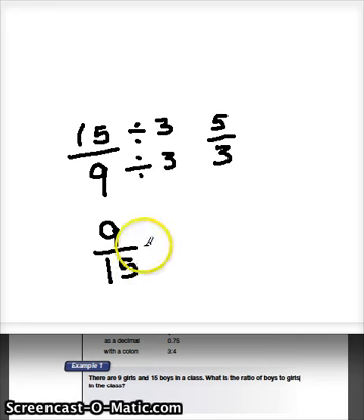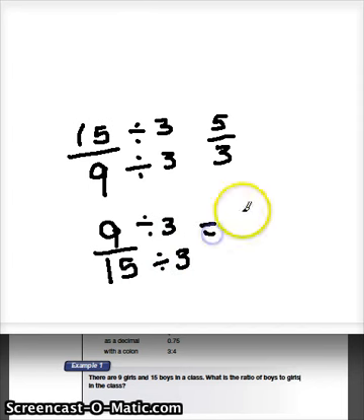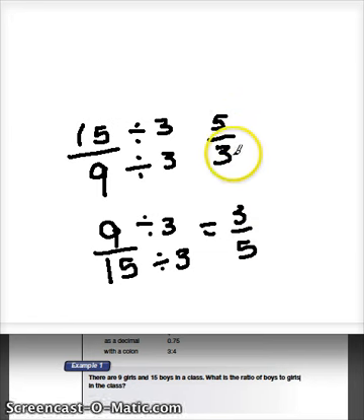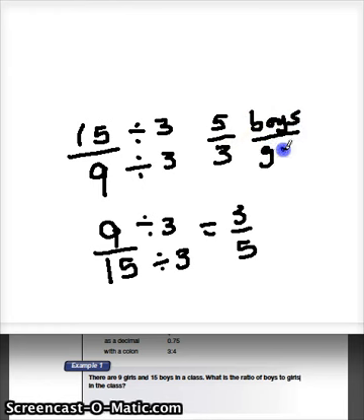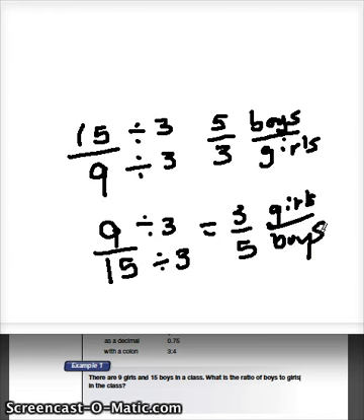Remember, whatever they're asking for first goes on top. To reduce it, we would again divide by 3. This is the ratio of girls to boys, and this is boys to girls.